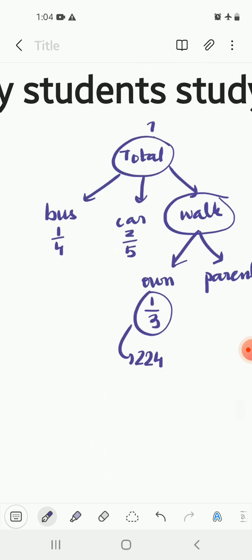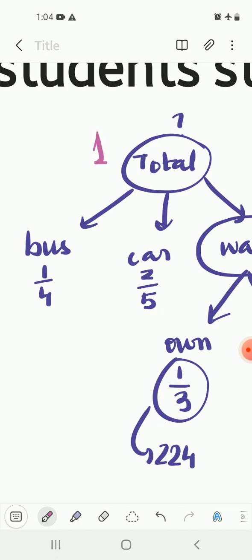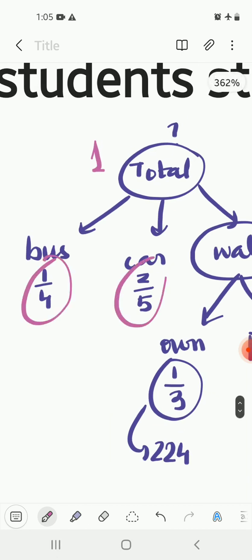So the total is considered as 1. We will take the total as 1. So this is 1. This is 1 by 4. This is 2 by 5.